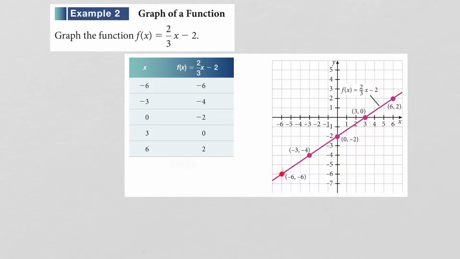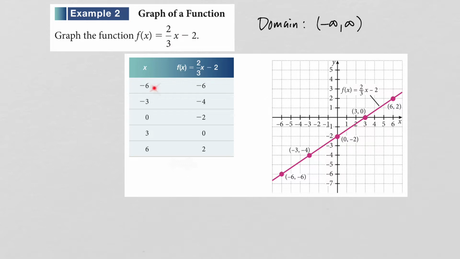So when we graph this line, when we draw the line connecting all of these points, you need to understand that what you're doing there is you're showing what all the other points would look like if you had plugged in all the real values for x. So remember in the beginning, we said the domain for this function is all real numbers. Well, it's impossible to plug in every single number into a function.